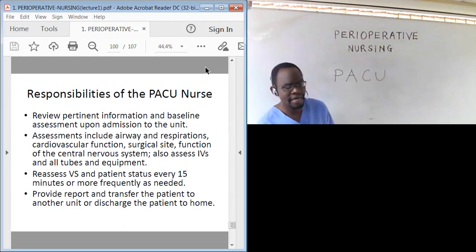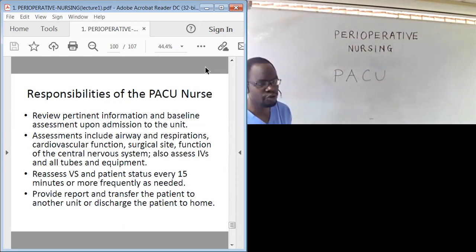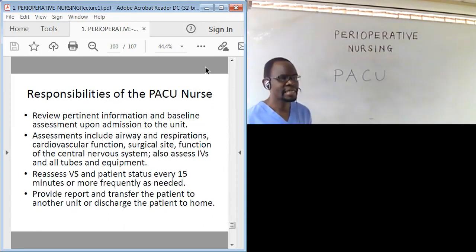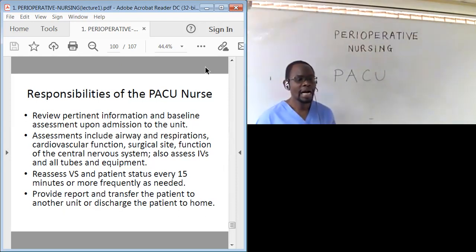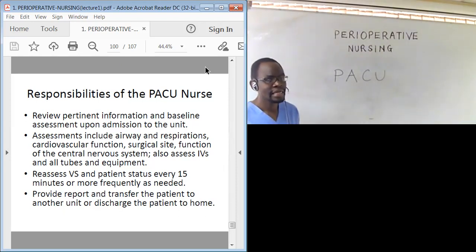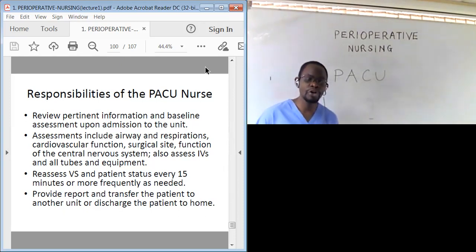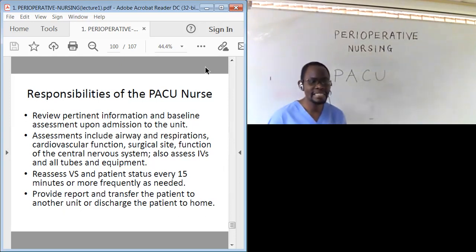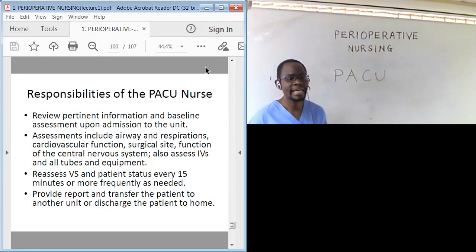One is review pertinent information and baseline assessment upon admission of the patient on the unit. Assessments include airway and respiration, cardiovascular assessment, surgical site inspection for any bleeding, function of the central nervous system, performing the Glasgow Coma Scale score.